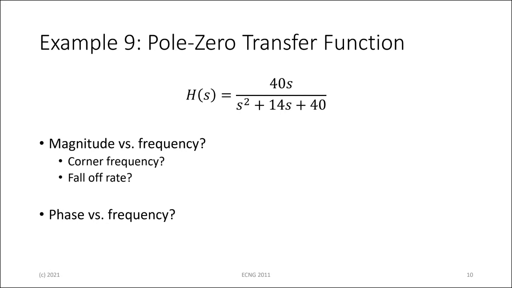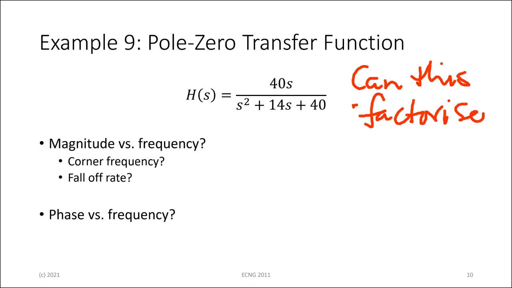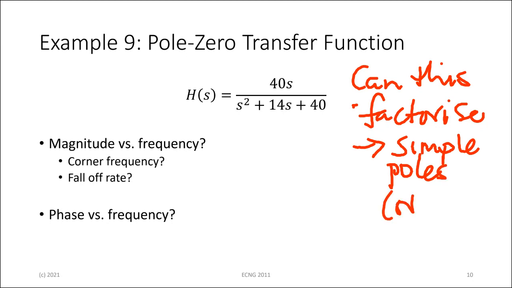The first thing you do with a transfer function like this, once you're given a quadratic or any sort of polynomial below, is to see: can this factorize? Because if it can factorize easily, and I mean factorize meaning simple poles (or zeros), then it's straightforward.